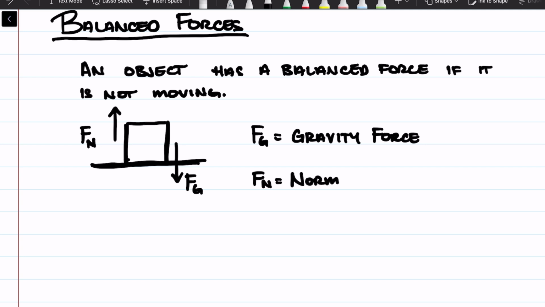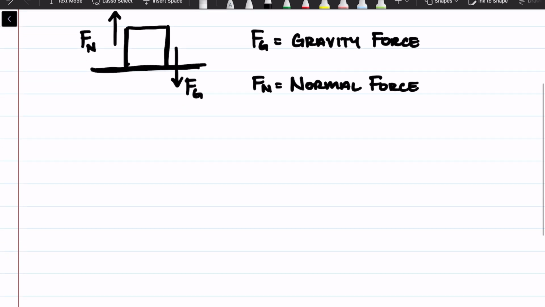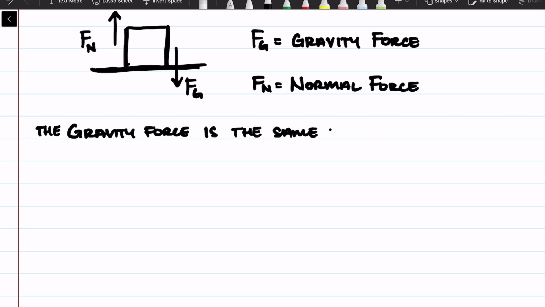Normal force is what we call it when an object is fighting back against gravity. It's not pushing the object up, but it is simply holding the object up. So in this case, we could say that the gravity force is the same as the normal force.